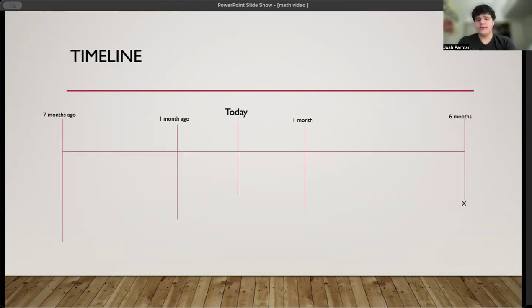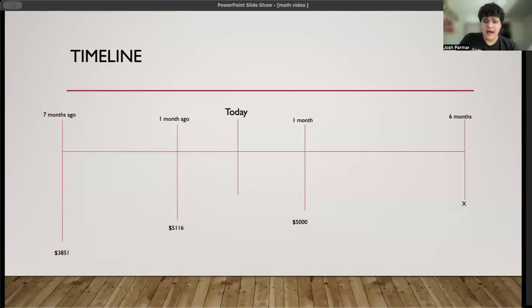This is our timeline. The timeline is going to be very important to figuring out the question, and makes it a lot easier to understand. As you can see, I've already taken the liberty to assemble a little bit of the timeline, but we'll do some more here. We've got to put our values in. We've got to find out if we're looking for present values or future values here.